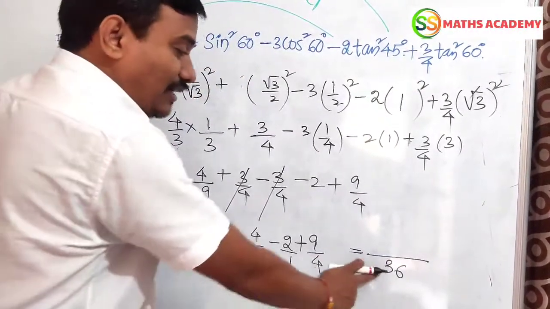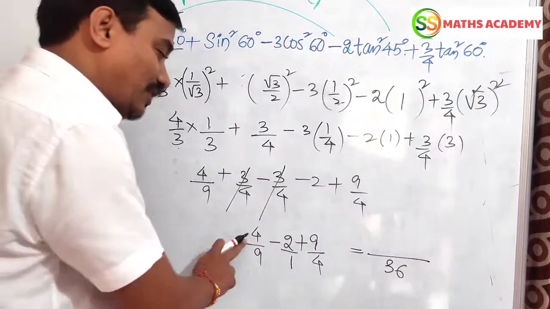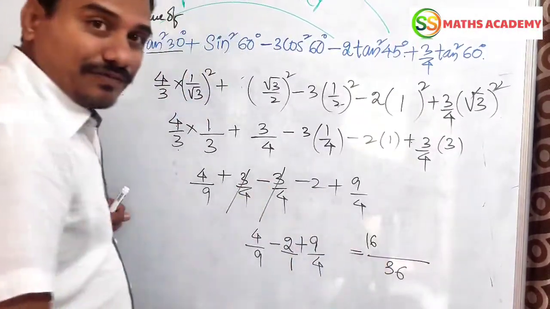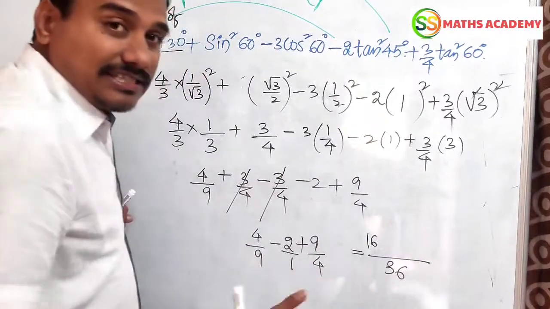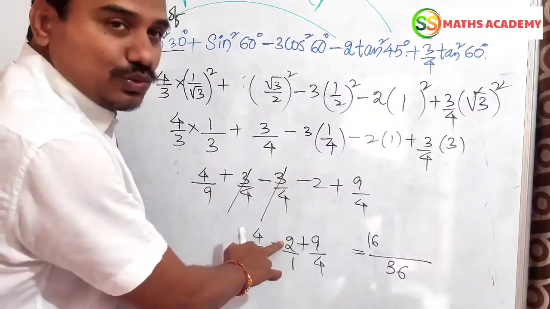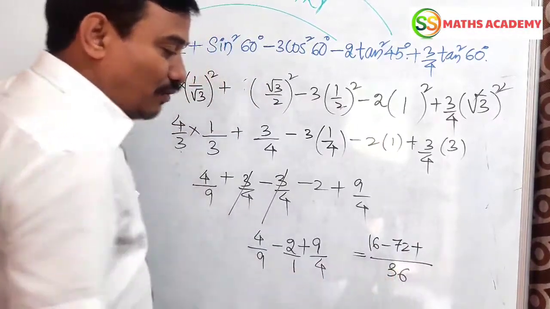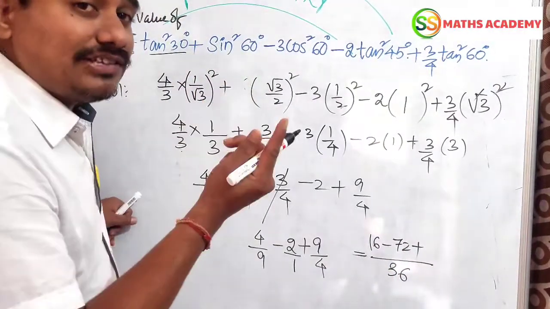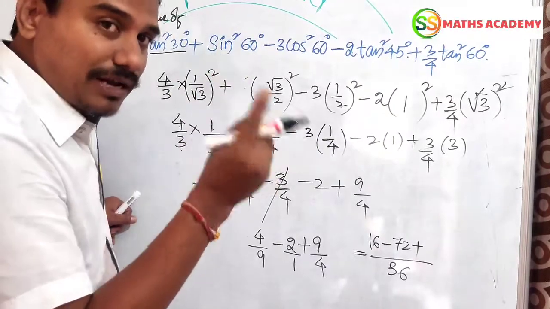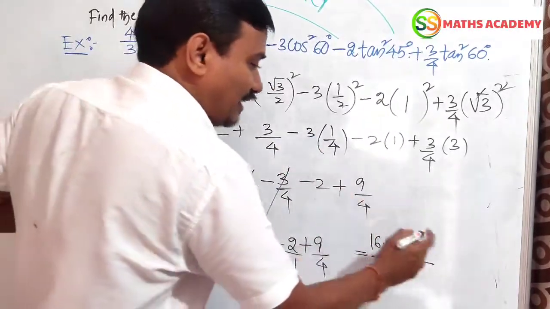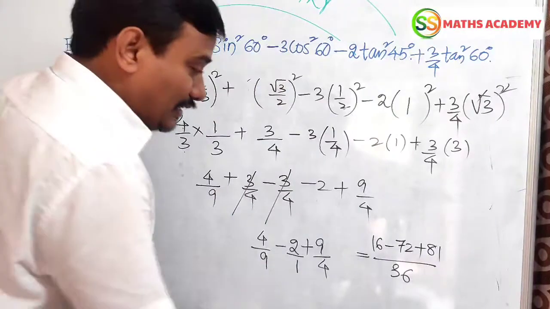9 divides 36 four times, 4 into numerator 4 is 16. 1 divides 36, 36 times, 36 into numerator 2 is 72. 4 divides 36 nine times, the quotient multiplies with the numerator, 9 into 9 is 81.